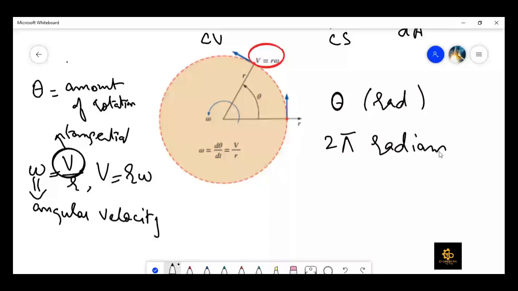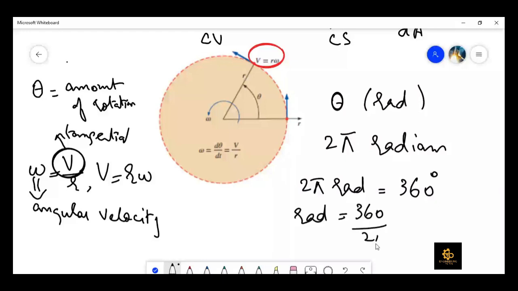So we can relate degrees with radians by 2 pi radian is equal to 360 degrees, which is the total theta covered in a circumference. So from here one radian is 360 divided by 2 pi, which is 57.3 degrees. So I hope that these concepts are clear to you. I am just quickly revising them because we are going to use all these things in thermomachinery applications when we start that.